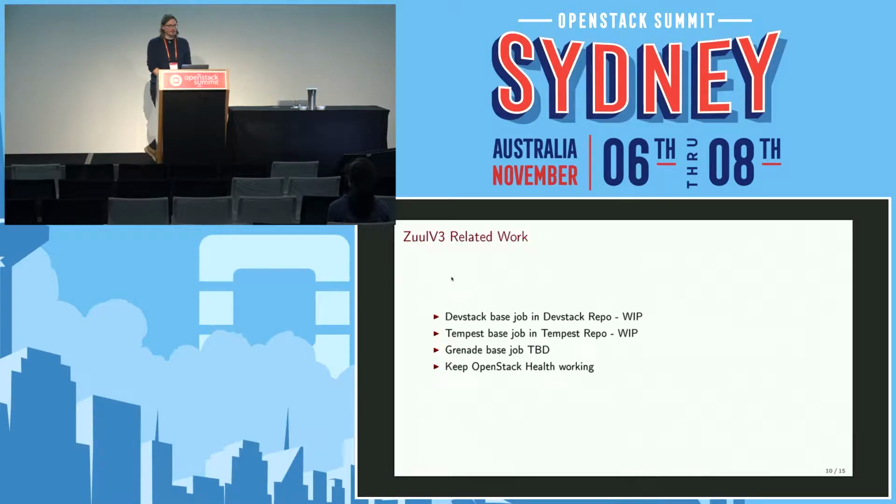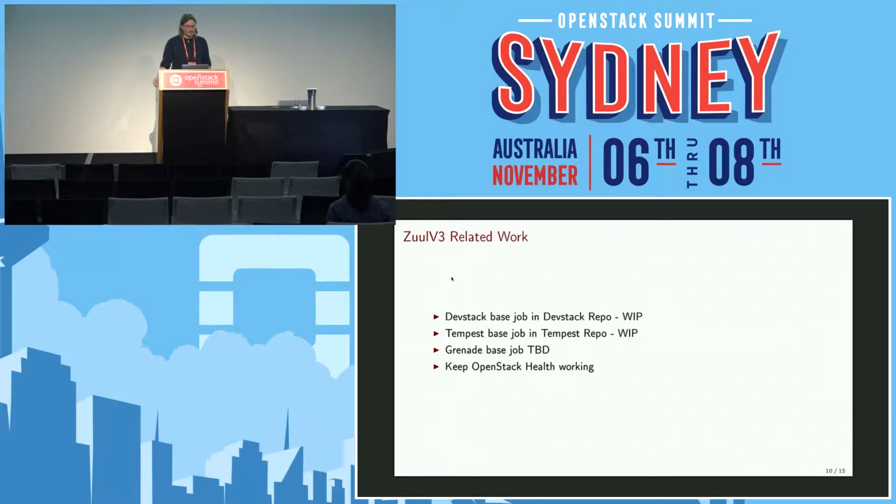So as you probably know, Infra migrated from Zuul 2.5 to Zuul 3, or v3. And that had an impact on a number of things that we do. A lot of the jobs, or all the jobs, have been migrated automatically into the Zuul v3 format, which is an Ansible-based format, but the migration format is not optimized to use Zuul v3 functionality.